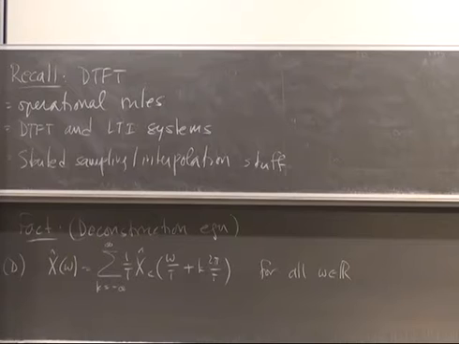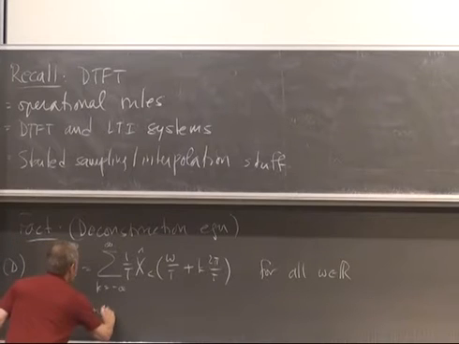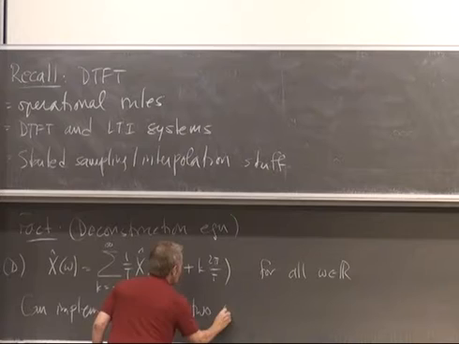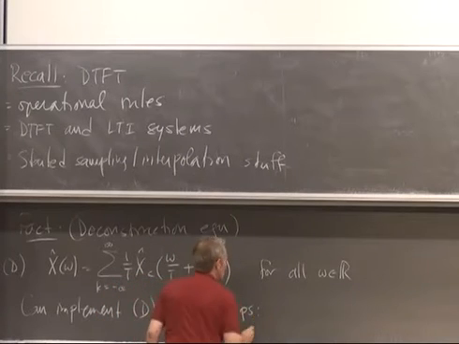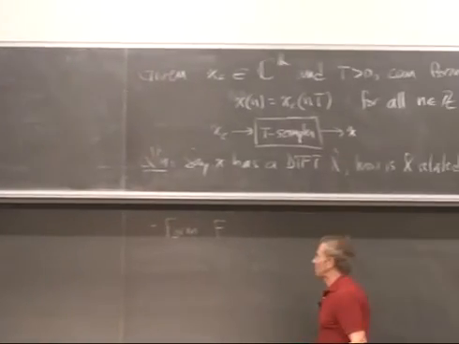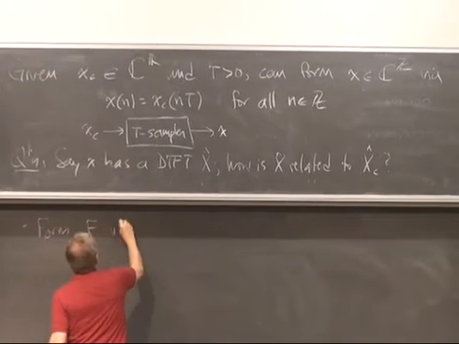And this will illustrate some important concepts. So you can implement this equation D in 2 steps. First one is you form what I call F, and this is going to be a function of capital omega, by means of this.